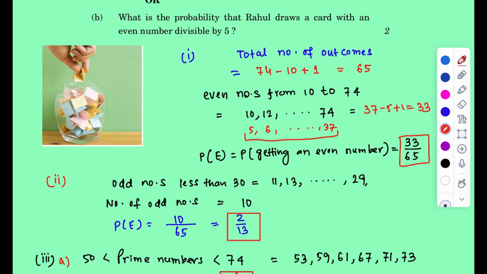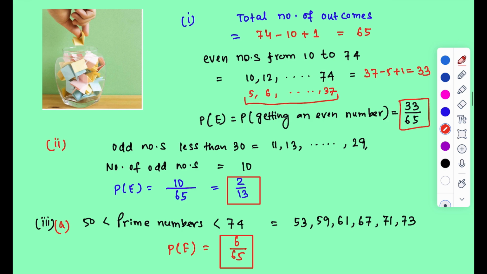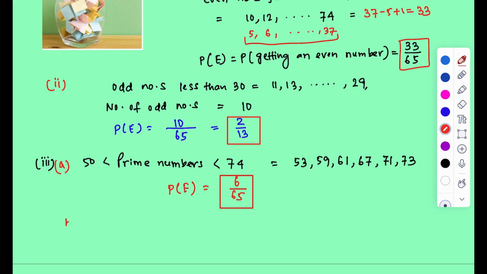And what is the probability that Rahul draws a card with an even number divisible by 5? Even number divisible by 5 means it is divisible by 2 as well as divisible by 5. That means the number should be divisible by 10.